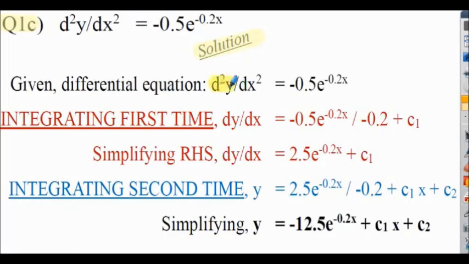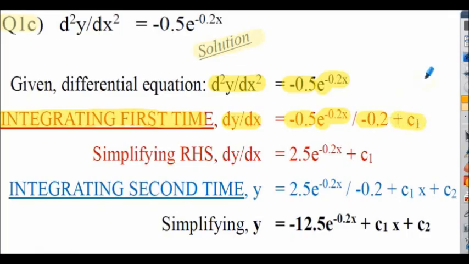Given in the question, d2y by dx squared is equal to -0.5 multiplied by e to the power of -0.2x. So integrating, we have dy by dx is equal to -0.5 e to the -0.2x divided by -0.2. So our a value here is -0.2.